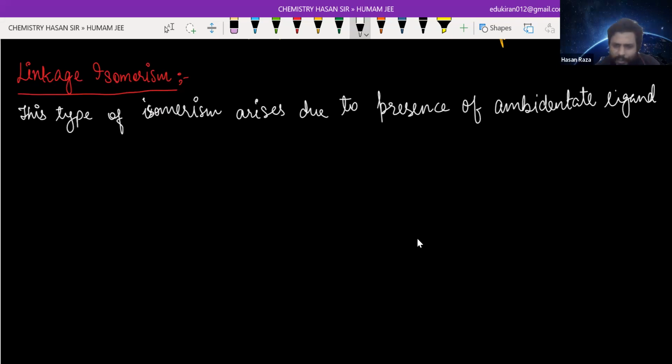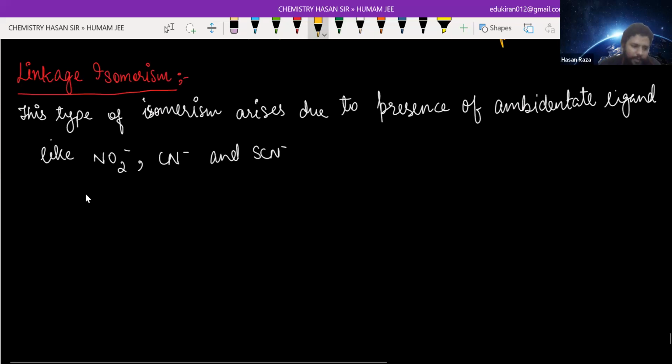Only the link changes. You know that an ambidentate ligand is one which has two donor sites, but it can use only one at a time. Ambidentate ligands like NO2 minus, CN minus, and SCN minus.